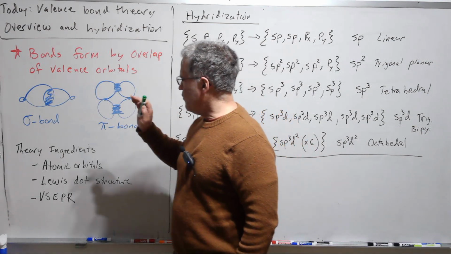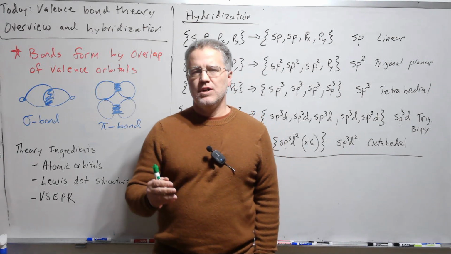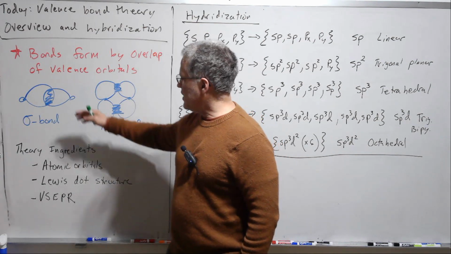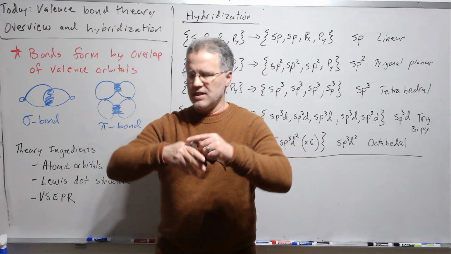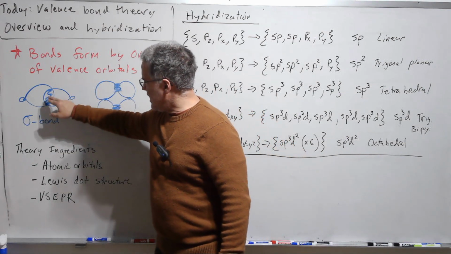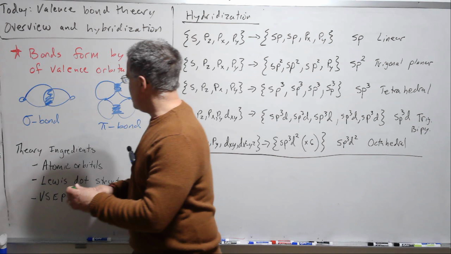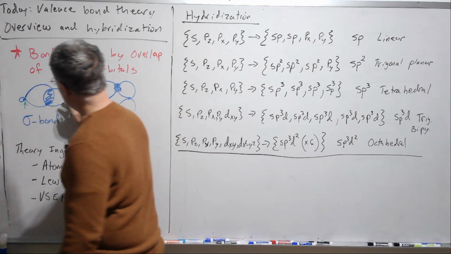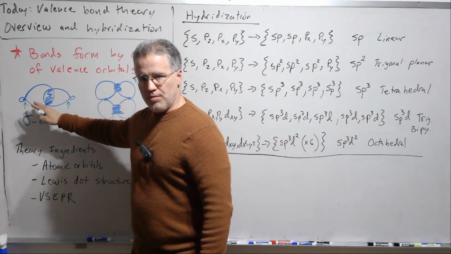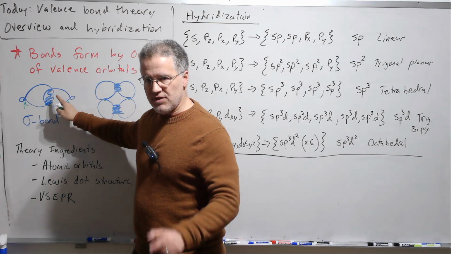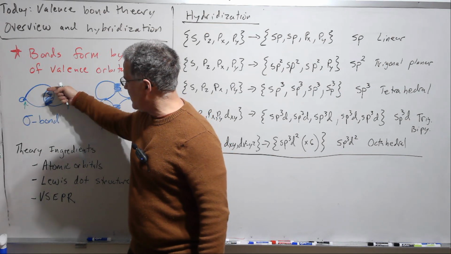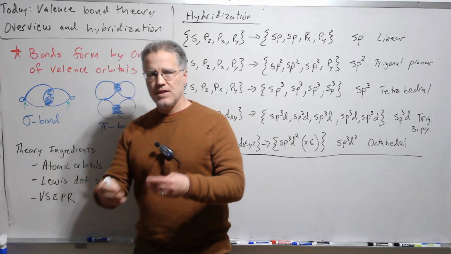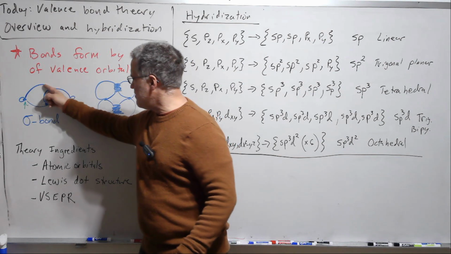Now, we will suffice to think about two basic types of overlap. We can overlap orbitals end-on like this, and we get some overlap here. The nuclei are right here. So here and here are the nuclei. The orbitals describing the positions of the valence electrons are protruding in this direction for this atom, this direction for this atom, and they overlap in the middle.